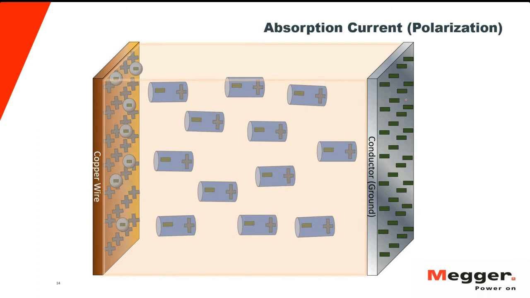And again, that is a moving charge, meaning that is also a current, and that is not a leakage current. We call it the absorption current. So it is happening at the same time, but it takes longer than the capacitive charging current. So what happens is that you have the capacitive charging current, and at the same time you have the absorption current happening in the first few seconds.